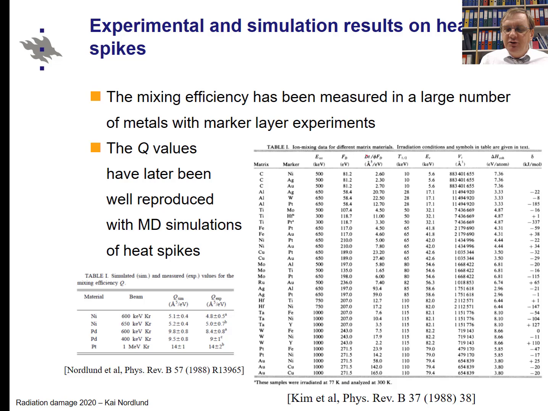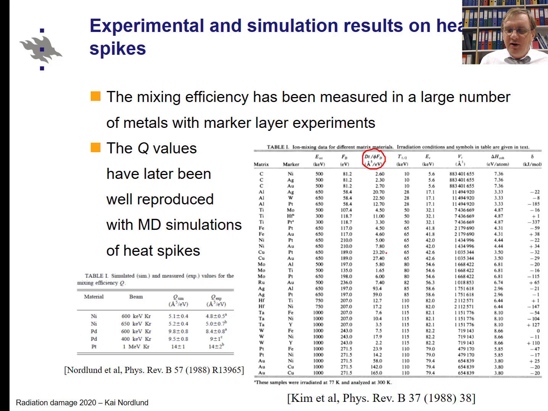So this here is just to show that this is a range of experiments. You see there is lots of experiments on this, and they are not fully consistent. This Q is not exactly a constant. One reason is that it's not a pure random walk because there is a ballistic component. Other is that diffusion may, after all, in some materials play in, or formation of thermodynamic effects and so on.